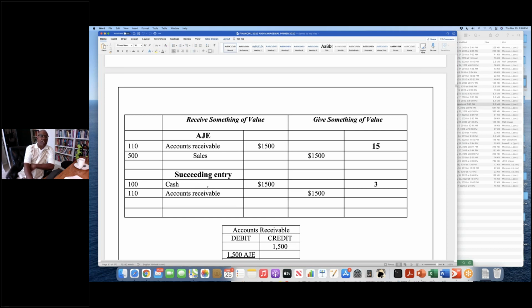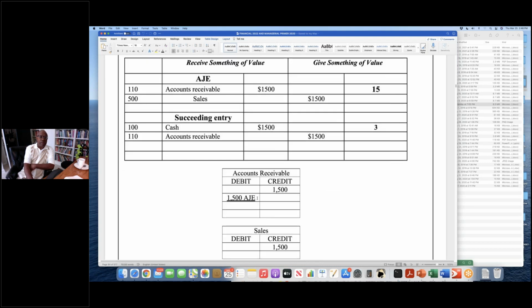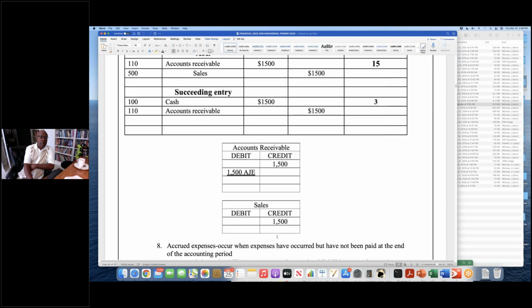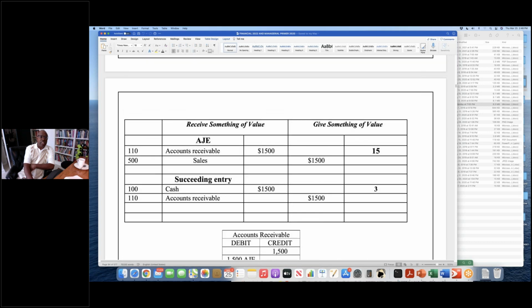So when we first make the entry, we debit receivable and credit sales. Then when the cash comes in, we debit cash and credit accounts receivable. So we have already been doing this adjusting entry, correct? Yes. So you should know how to do it.